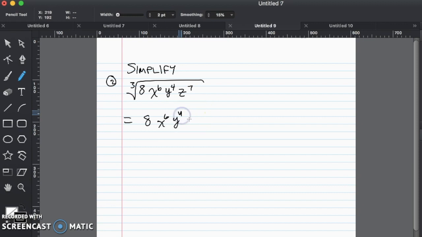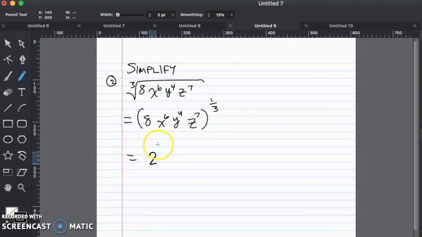Well, so we know that we can take this guy, this radical form, and turn it into a rational expression. And then when we do that, this 1/3 distributes out. Also, I know that 8 is 2 cubed, so I'll rewrite that. And then what I'm going to do is simplify from here.